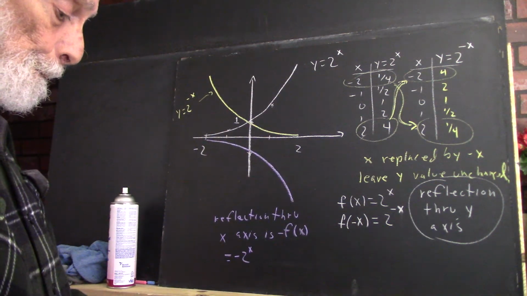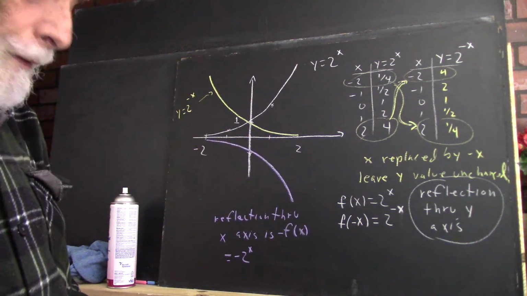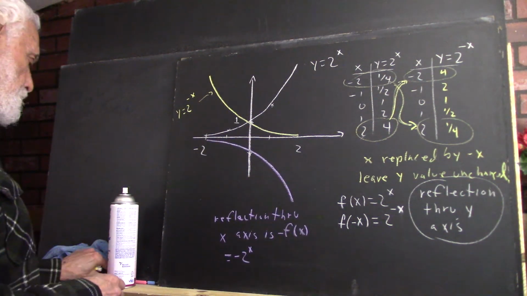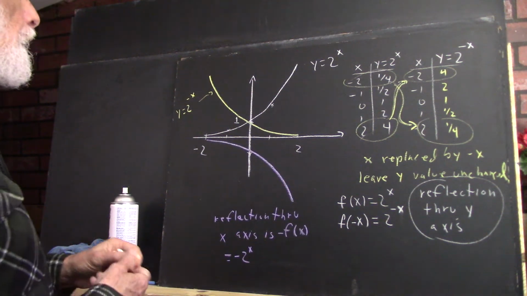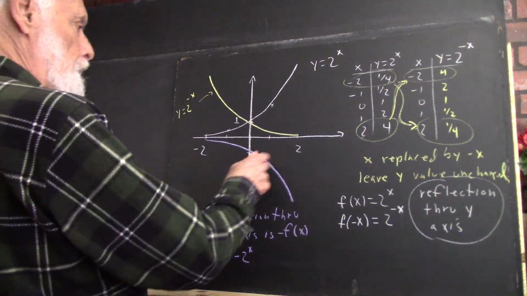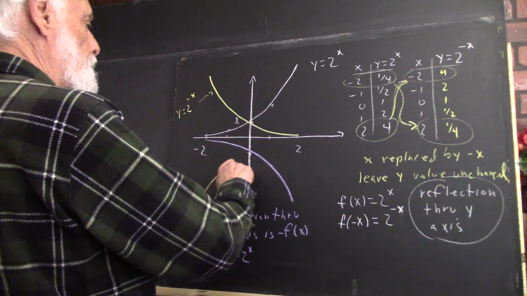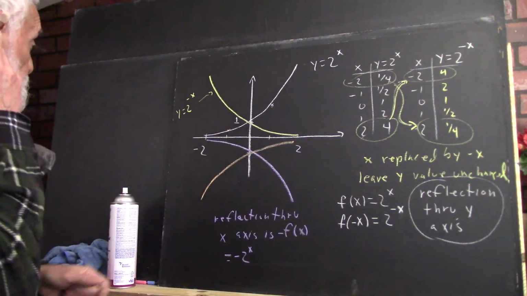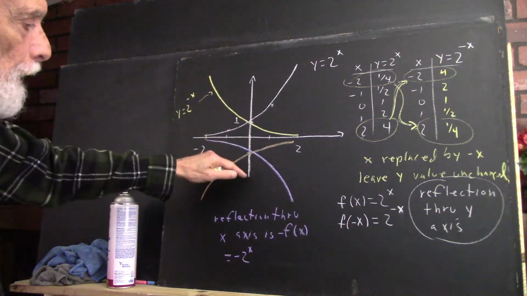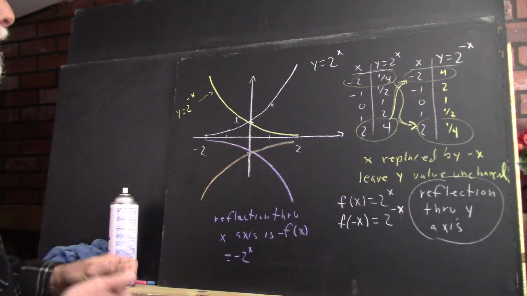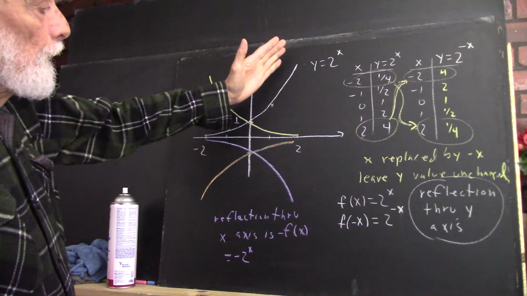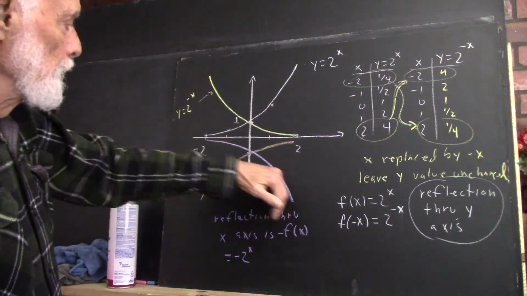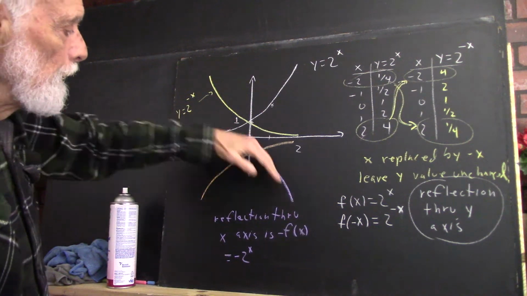Okay, then here's the chalk. Then a graph that looks like this would be a reflection through the x-axis and through the y-axis. So if we reflect the 2 to the x function through the x-axis, we get this, and this function is the reflection through the y-axis of this function.